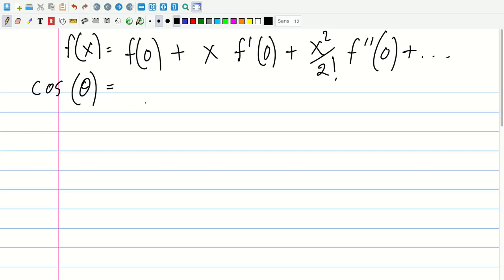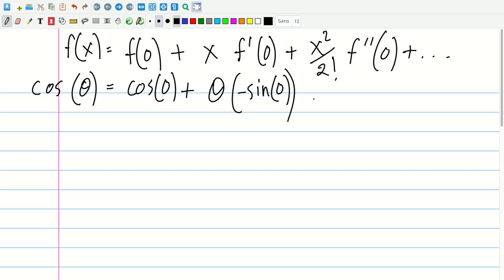let's figure out what this is then. So the original function at 0, so cosine 0, I just plug it in, plus theta instead of x. I'm not using x, I'm using theta. And then this is a derivative of cosine of theta, and then plug in 0, so that's negative sine of 0, plus theta squared over 2 factorial.